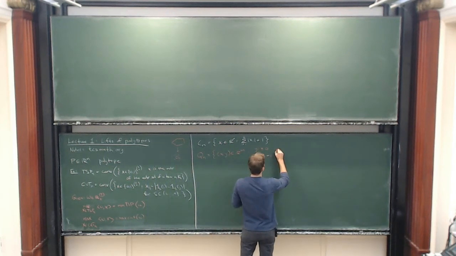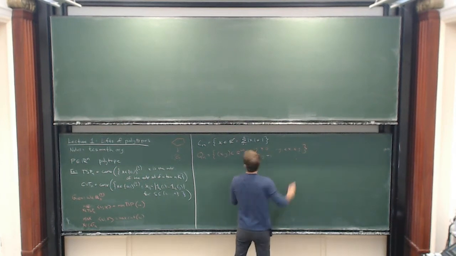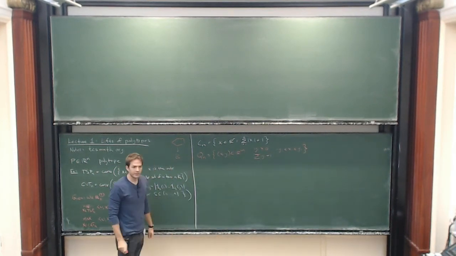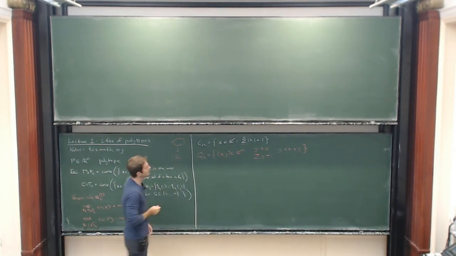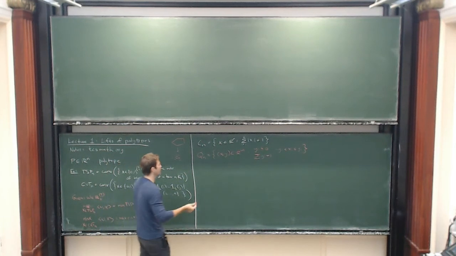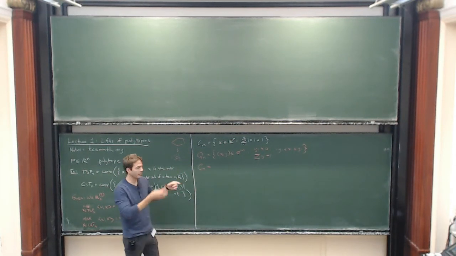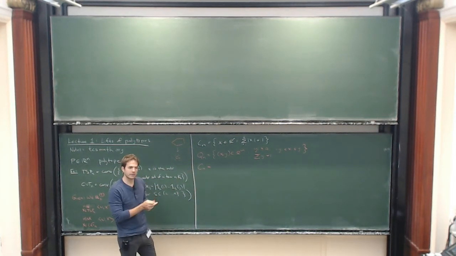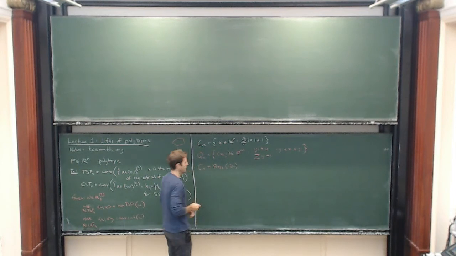The other constraint is that x_i sits between minus y_i and y_i. So here's another polytope in 2n dimensions, and it should not be very hard to convince yourself that the cross polytope is just the projection of Q_n onto the x coordinates.